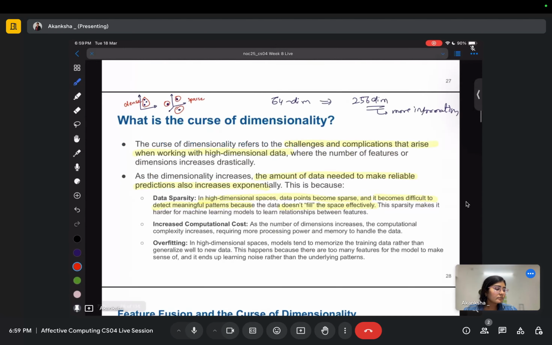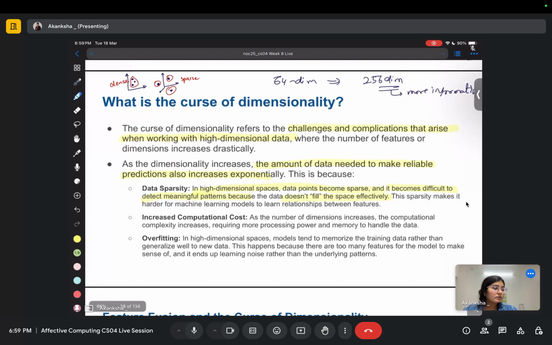Similarly, in this context, ML models will find it difficult to learn the relationships between the features if the dimension is very, very high. Also, we have increased computational cost, which needs more processing power, and more storage is required. Then overfitting is also there. In high dimensional spaces, models tend to memorize the training data and do not generalize well to new data, which is the test data.